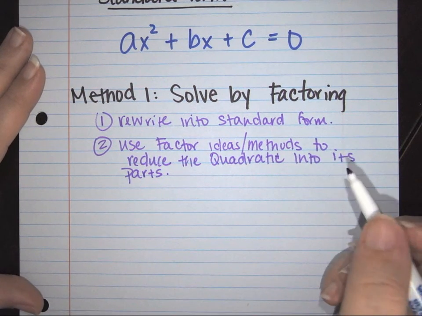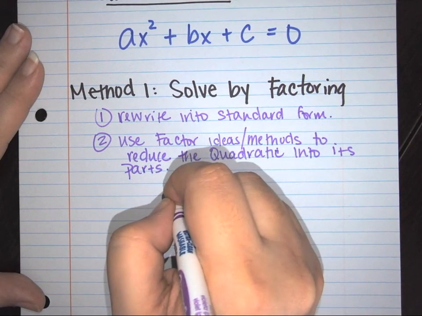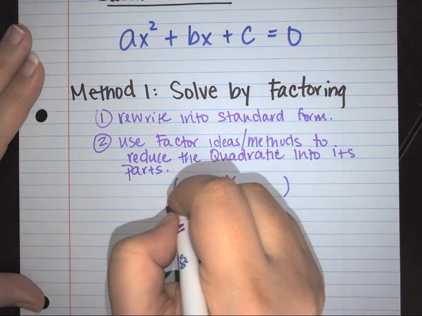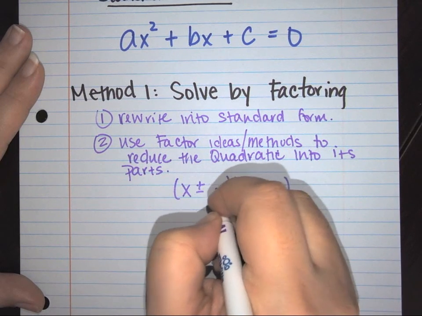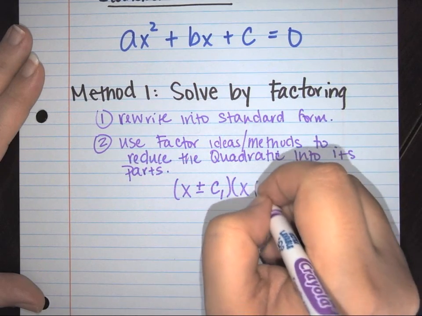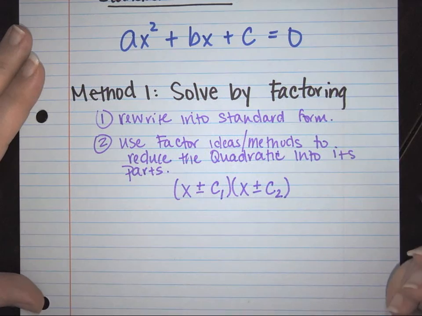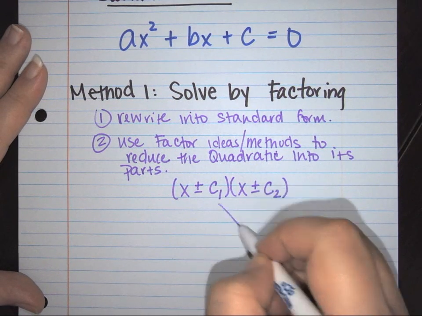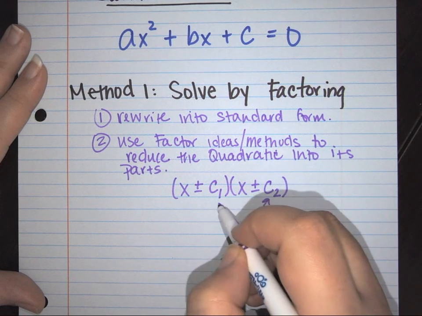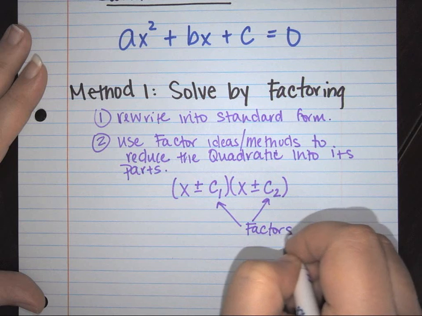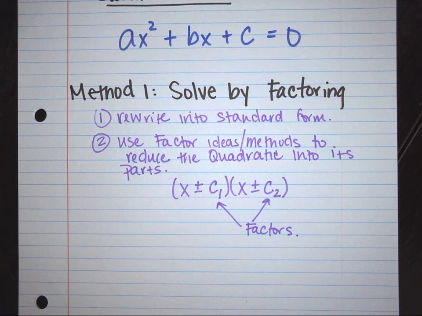So in other words, factoring says we want to reduce our quadratic down to where we have, say, x plus or minus some constant 1 and x plus or minus some constant 2, where c1 and c2, so these right here, are your factors. Okay, they're the factors of your quadratic.